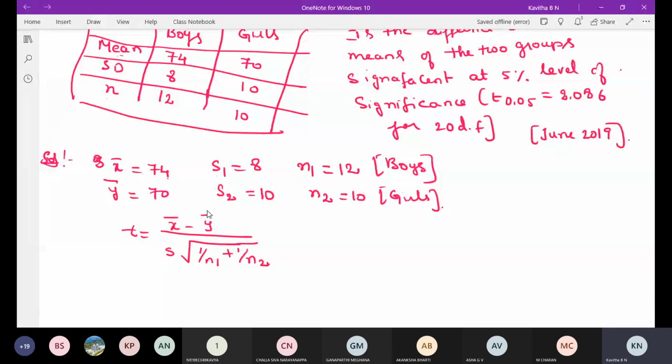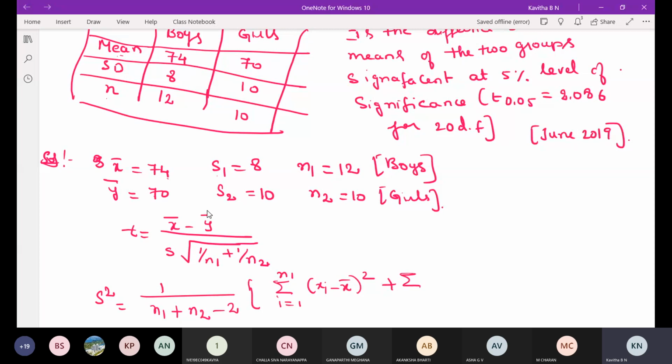So s square is equal to 1 over n1 plus n2 minus 2, summation of i is equal to 1 to n1, xi minus x bar whole square, plus summation of j is equal to 1 to n2, yj minus y bar whole square.